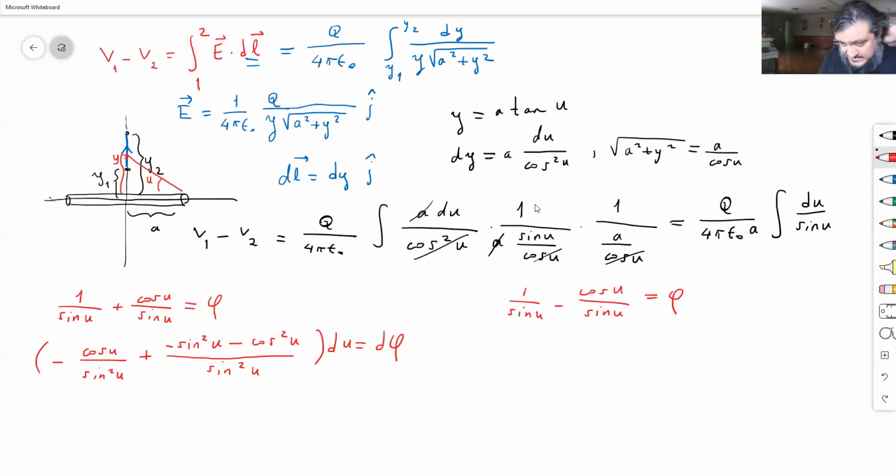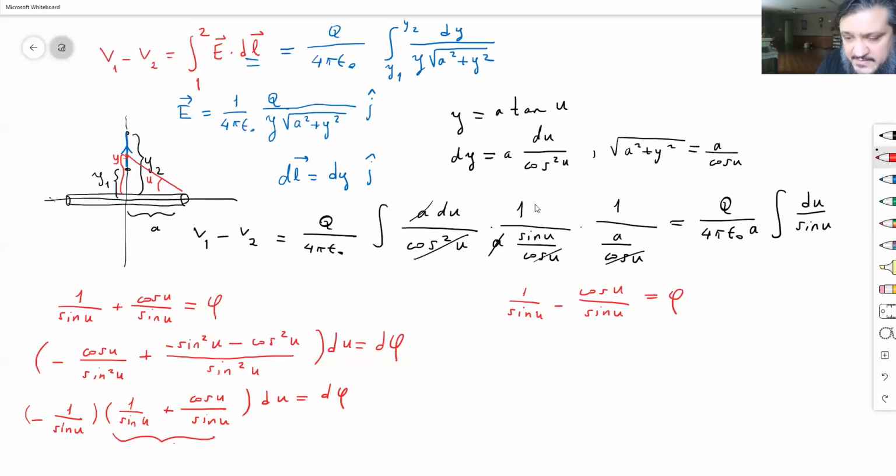All right, so simplify this a little bit. On the left hand side, you will have the negative 1 over sine u times this 1 over sine u. Why 1? Because sine squared plus cosine squared is 1, plus this cosine u over sine u. du equals d phi, so this is phi.